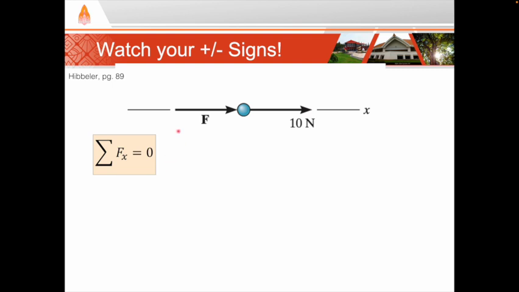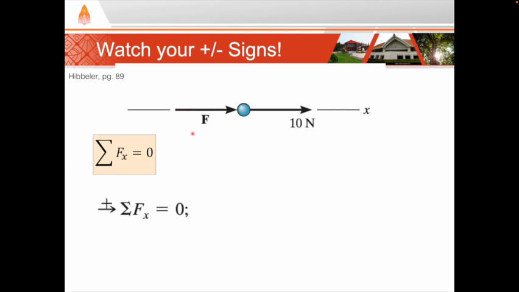For example, if I draw this free body diagram for this particle, and I draw it like this, it means that I can call this 10 Newton force positive because it acts in the positive x direction. However, when I draw this force F, I'm also drawing it in the positive direction.